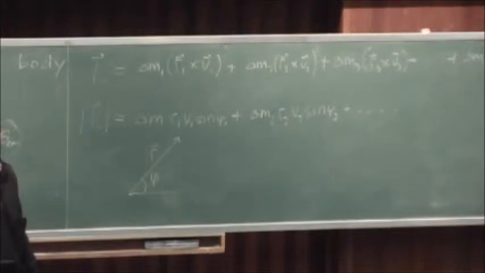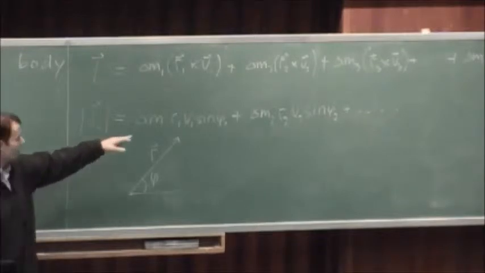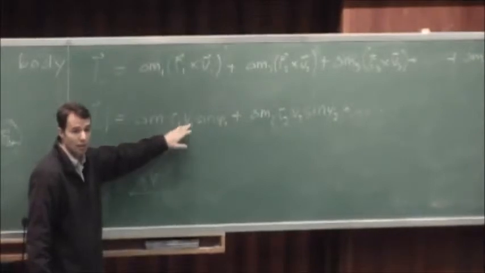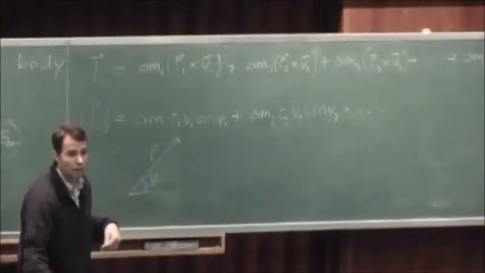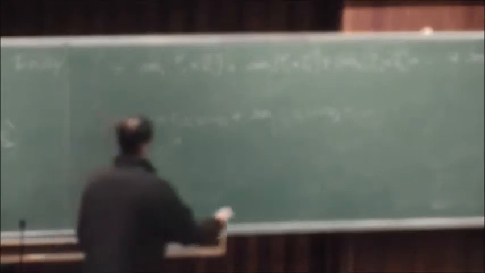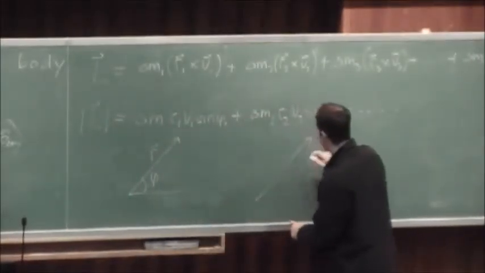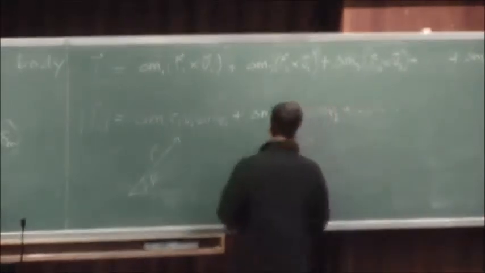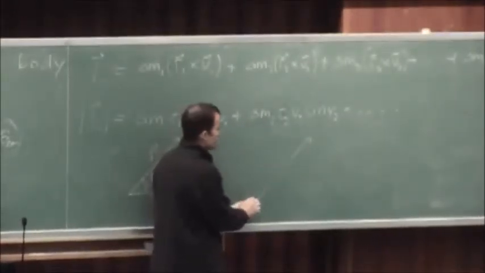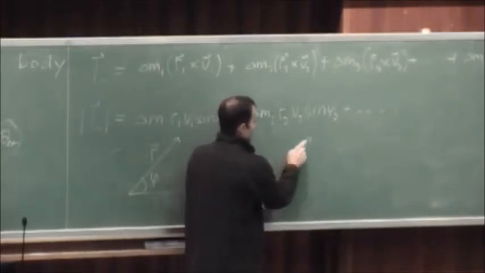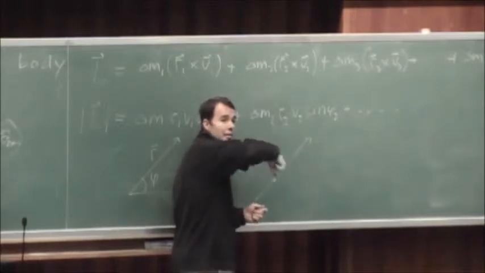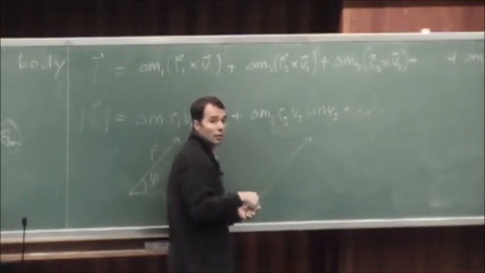It's the component that ends up being perpendicular to the velocity. Suppose I'm doing this about the z-axis. Suppose I have a radius vector, and I'm coming out here, and the velocity is, for example, going around like this.